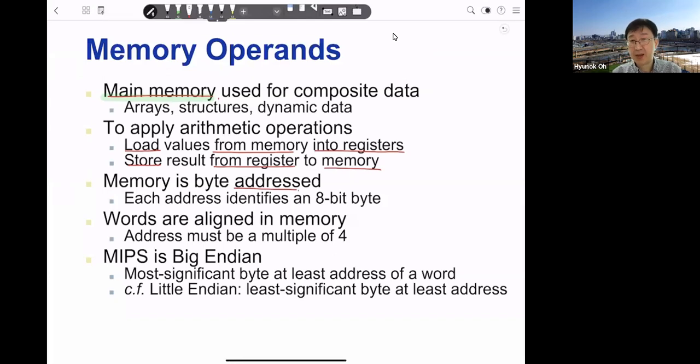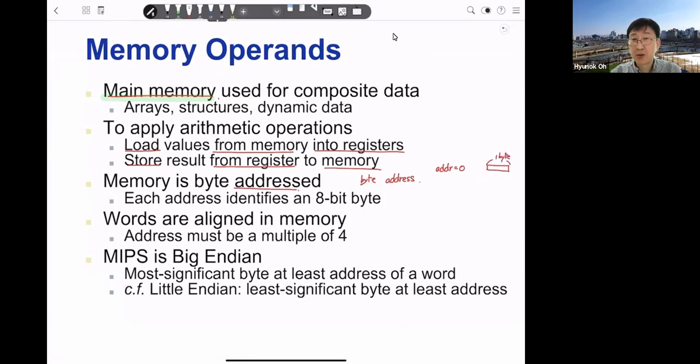In the MIPS case, the address is a byte address, which means that each address corresponds to 1 byte. For instance, if the address is 0, then we can access 1 byte.